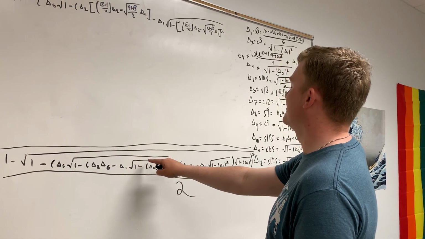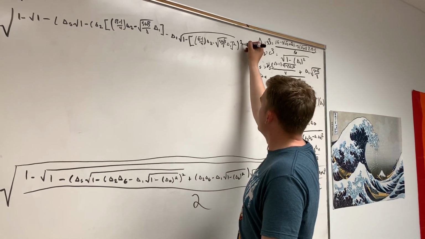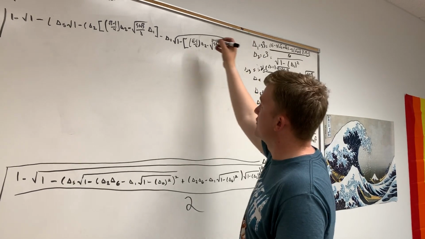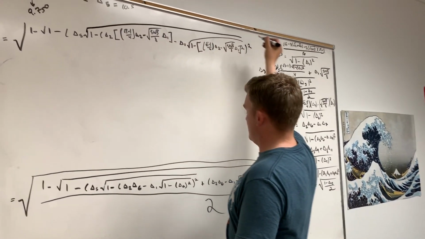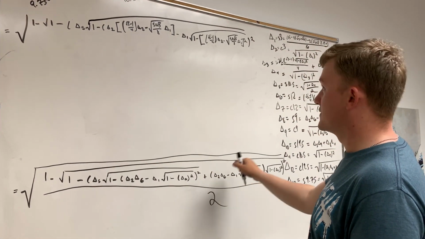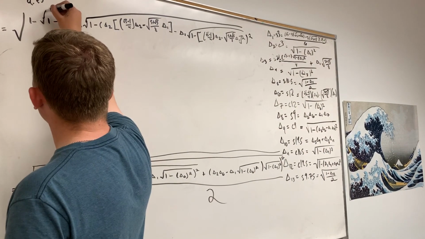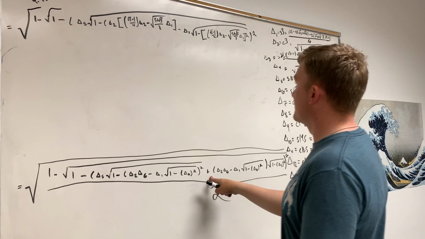Okay, delta 1, that, close parenthesis, 2, and then that's closed, so it's this. Yep. And then I'm starting from right here.